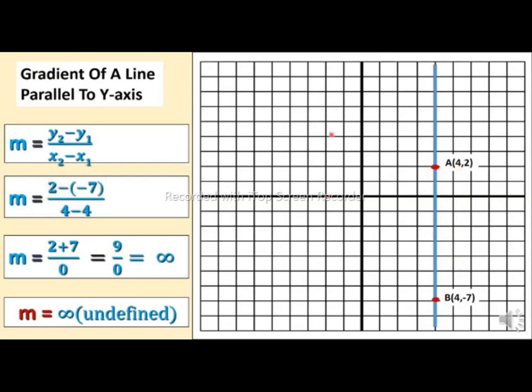You can see 4 minus 4 gives us 0, and 9 over 0 is infinity. Here infinity is a symbol used when we cannot represent anything in number form. So we use this symbol to write undefined. The slope of a line that is parallel to y-axis is not defined. So we can never find the slope of a line parallel to y-axis.